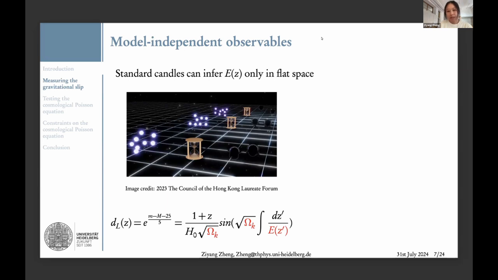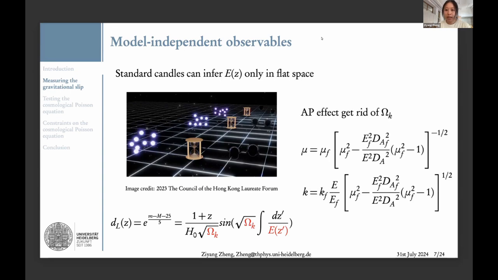So this means if we want to infer the expansion rate of the universe from standard candles, we have to somehow make assumptions on the spatial curvature. And people normally assume a flat universe. Here we would like to get rid of that assumption, and we make use of the so-called Alcock-Paczynski effect. This essentially relates the mu angle and the wave number k to a reference cosmology.